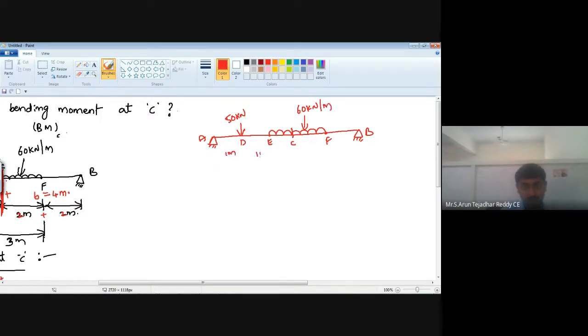One meter, 1 meter, 1 meter, 2 meter, 2 meter. Okay. Now, so here the load is acting, and from E to F, it is completely uniformly distributed load. So entire E to F is having load.